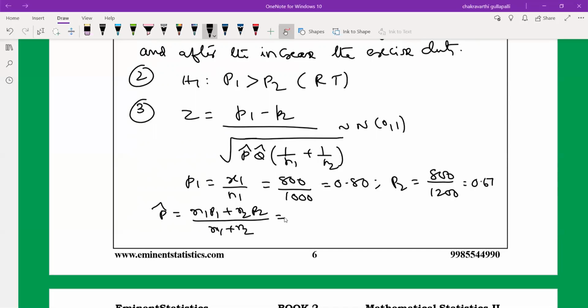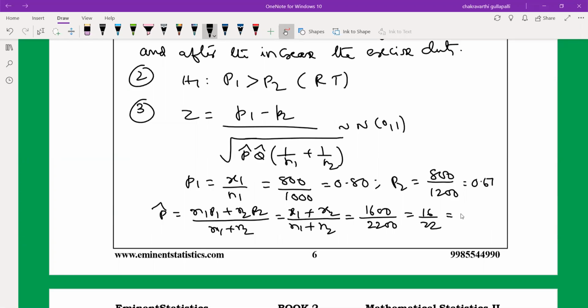N1 P1 is equal to X1 and N2 P2 is equal to X2, so (X1 plus X2) by (N1 plus N2): 800 plus 800, 1600, by 1000 plus 1200, 2200. That is equal to 16 by 22.